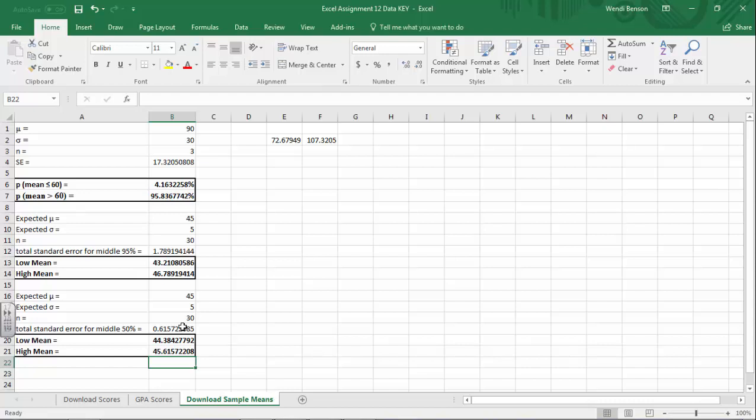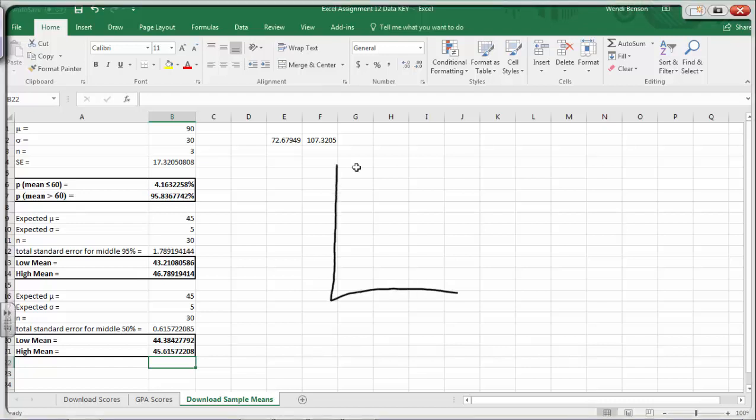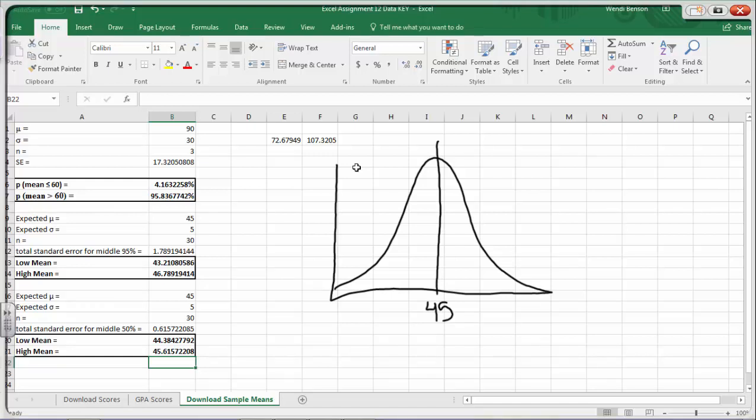So let's draw that out. Remember, this is going to be our mean, 45. We've got 44.4-ish and 45.6-ish.